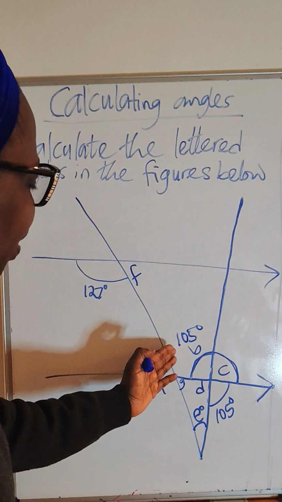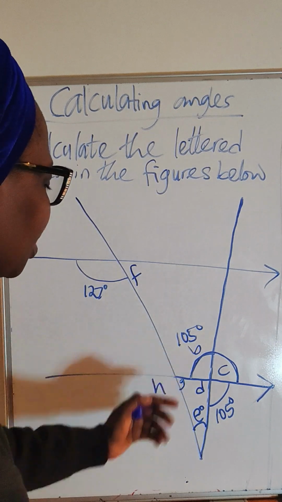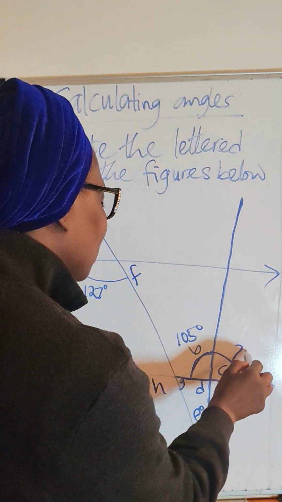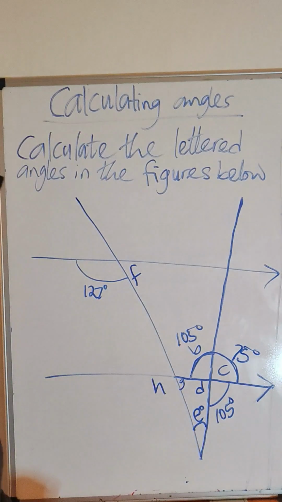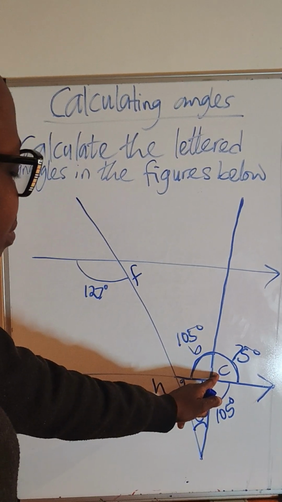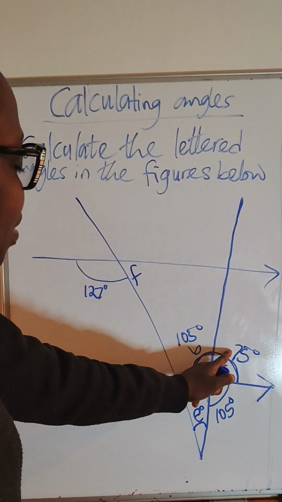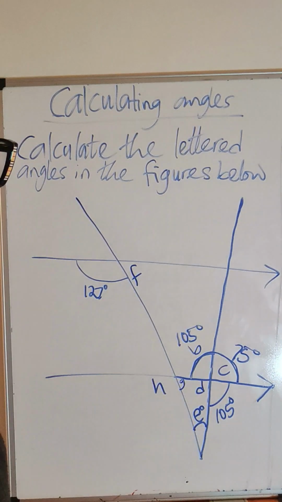So subtracting 105 degrees from 180 degrees, we are left with 75 degrees. So letter C angle is 75 degrees.